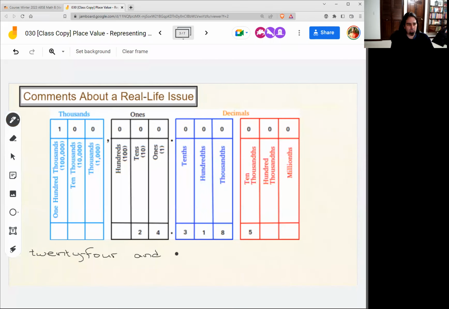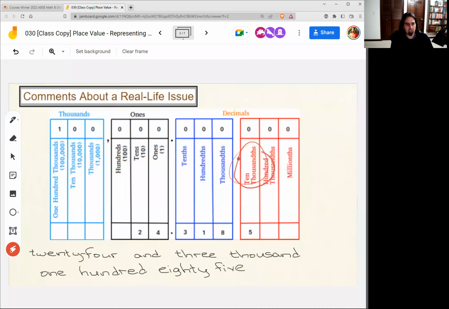So I'll put that first. 3. And I'm saying "and" when I shouldn't, because of my own habit. 3,100. And then we label the smallest place value we use, which in this case is ten thousandths.